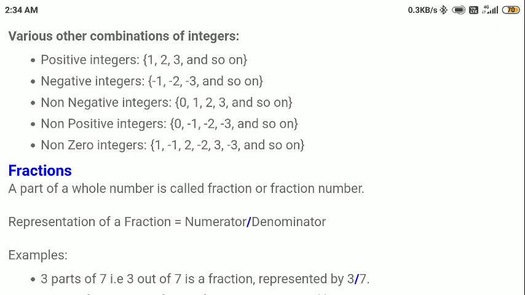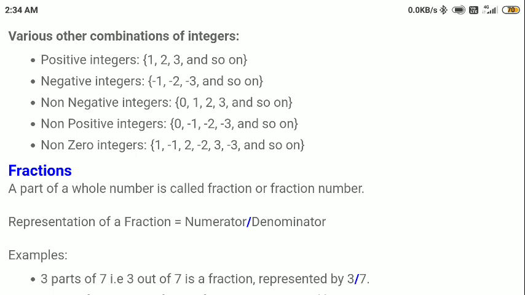Non-positive means anything which should not be positive, so it can be neutral or negative. Same as the above case, we are including 0 and all the negative numbers. So 0 and the negatives of all the natural numbers are considered non-positive integers.